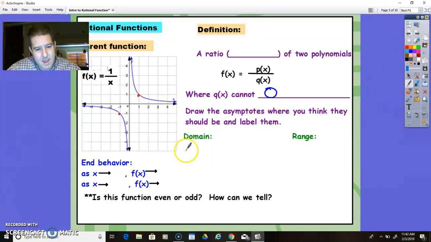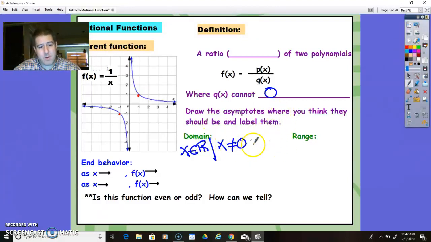The domain for this case would be the set of all real numbers in which x cannot be 0. You can't just say x can be all real numbers, because it can be a positive number, it can be a negative number. The only thing that x can't be is 0, because of this vertical asymptote. 0 will never have any answer. No matter if you go up or down, it has no answers.